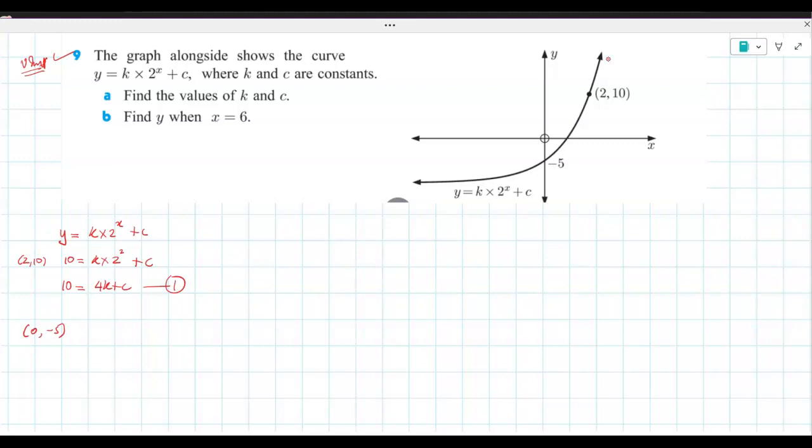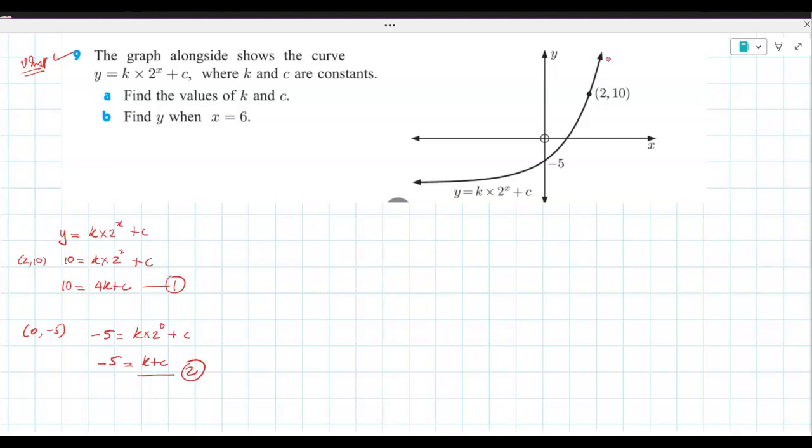If you put that in this equation, y is minus 5, k times 2 raised to 0 plus c, so minus 5 equals 1k plus c. That's the second equation. Solve them simultaneously. You can use your calculator to solve them.